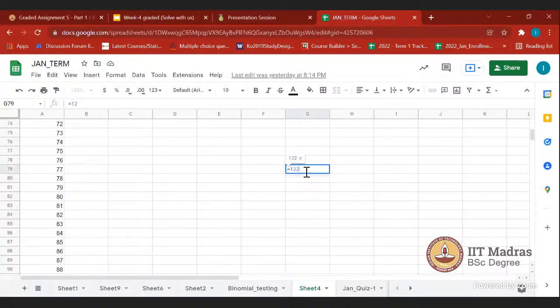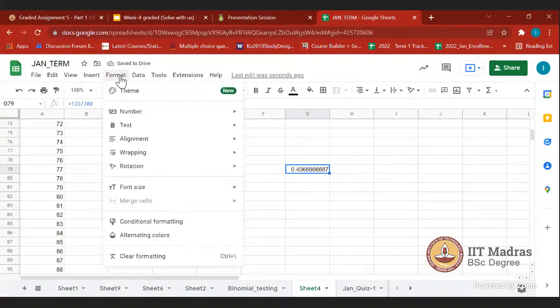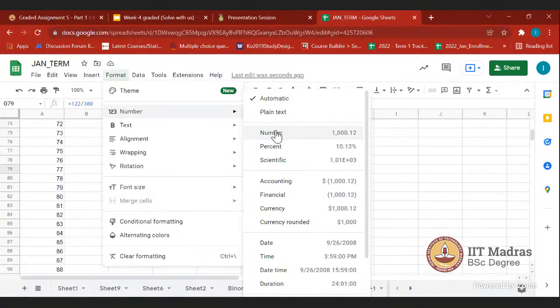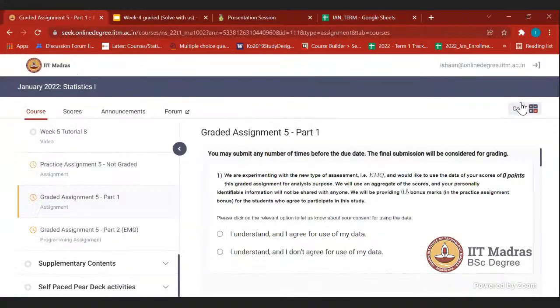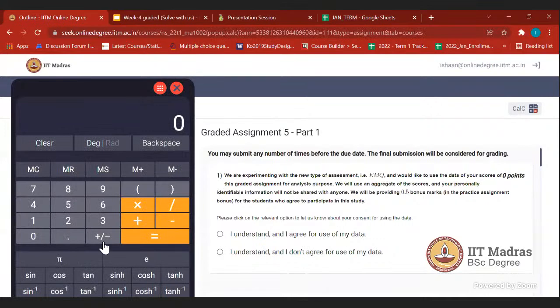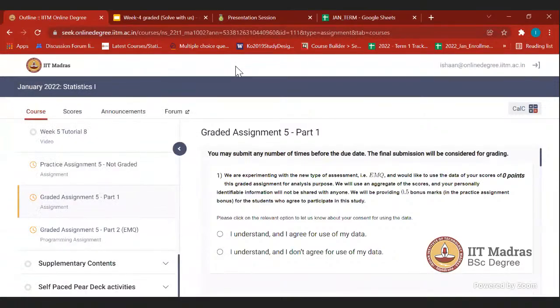Yes, sir. It's coming out to be this, but I think you may have already rounded it to 2 decimal places, so that's why it shows 0.41. Okay, fine, maybe in my calculator. Also, we will be given this TCS calculator, and I can use that. I'm just watching on mobile right now. Okay, understood, sir. Thank you.